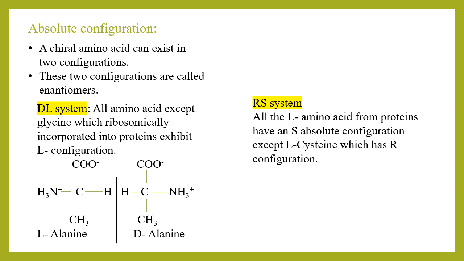The difference between L configuration and D configuration is that in L configuration, the alpha amino group is attached to the alpha carbon from the left side, while in D configuration, the alpha amino group will be attached to the alpha carbon from the right side. Now in the RS system, you will see that all L amino acids from proteins will have S absolute configuration except for L cysteine, which will have R configuration.